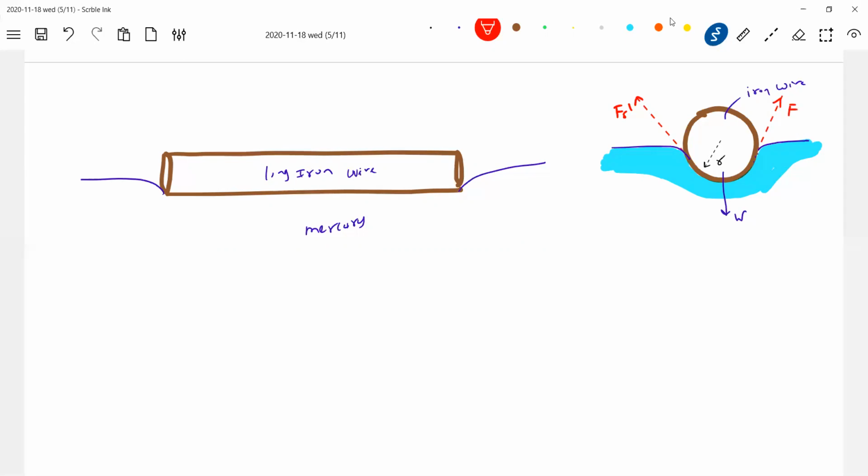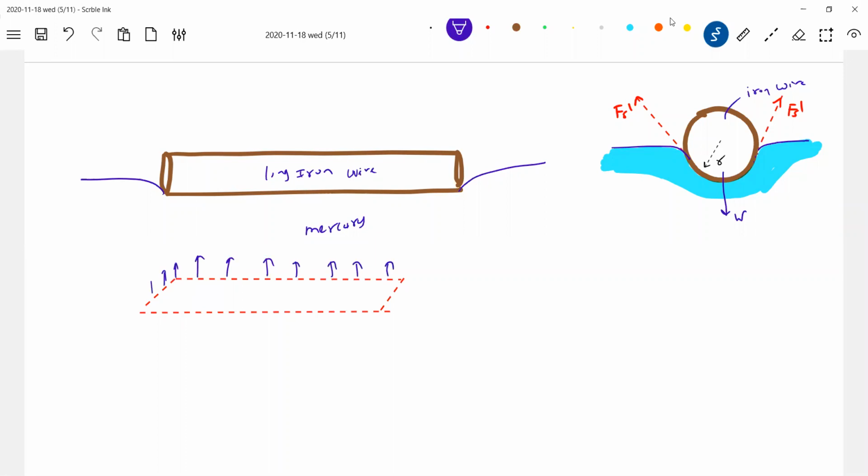So how do we show that particular force? The force due to surface tension will act at all points.